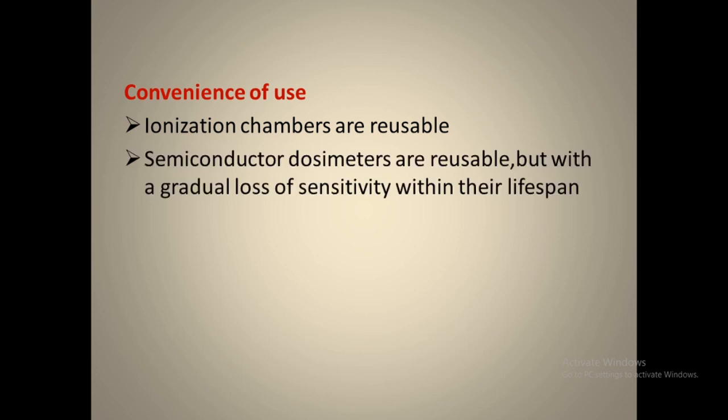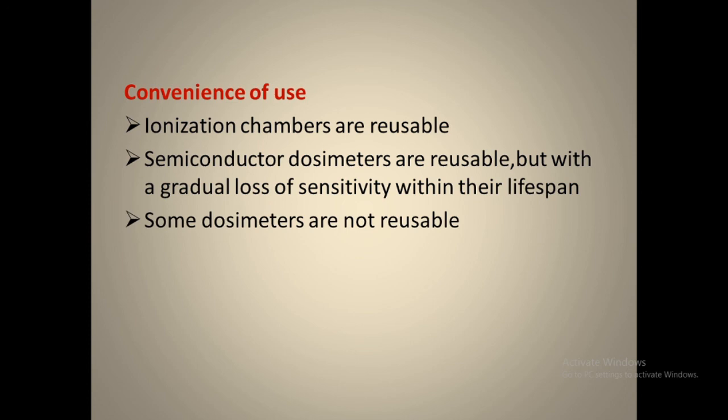Next is about convenience of use. Ionization chambers are reusable with no or little change in sensitivity within their lifespan. Semiconductor dosimeters are reusable but with a gradual loss of sensitivity within their lifespan.